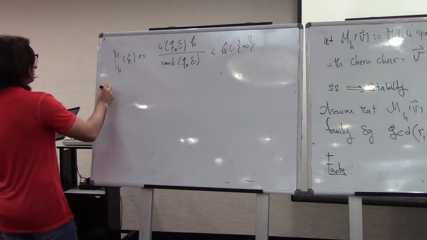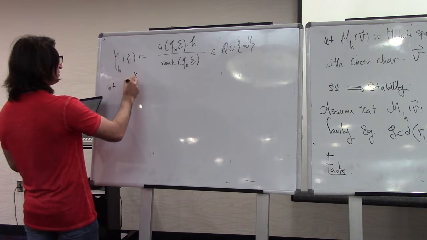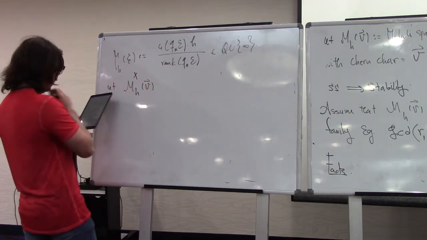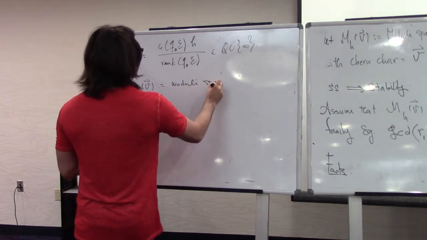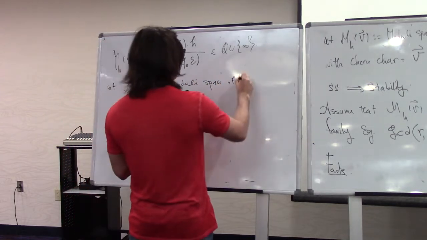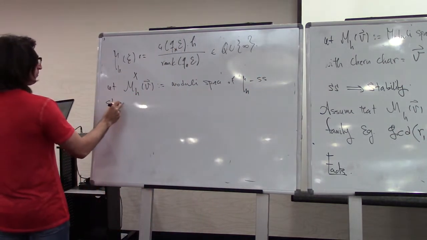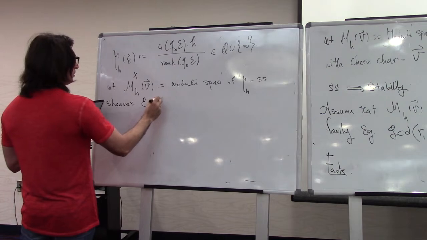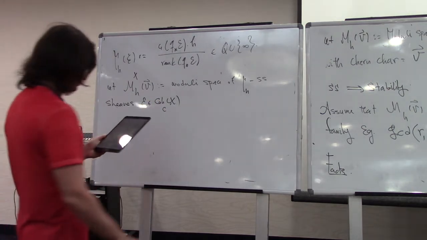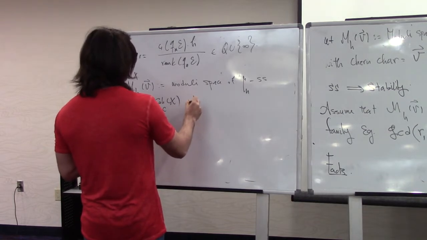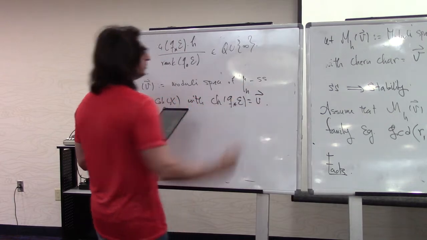Okay, now let M_X or M_X^{H,v} again be the moduli space of mu_H semi-stable sheaves E in this abelian category of compactly supported sheaves on X with Chern character of the push forward of that sheaf equal to v.